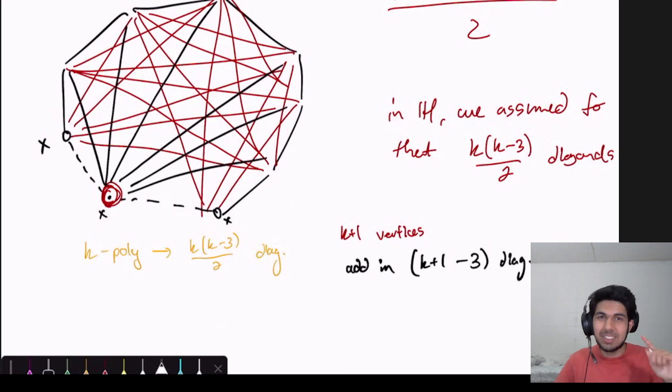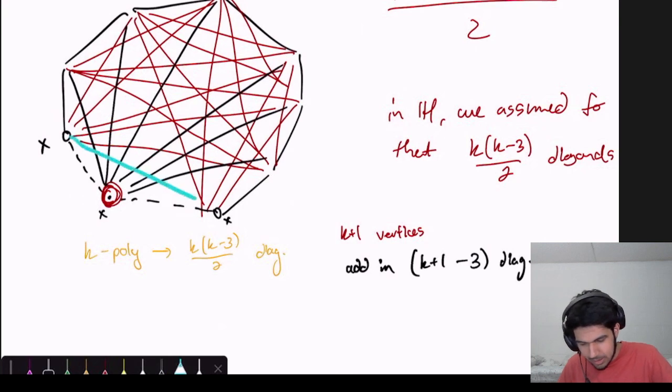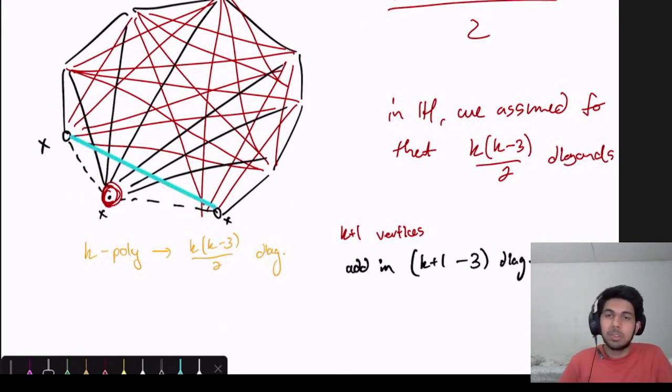But wait, there's one more that we forgot. And it's this diagonal connecting the two neighbors of the circled vertex. The reason we have to add that in is you'll notice that this blue line here was the side we created when going to the k polygon.